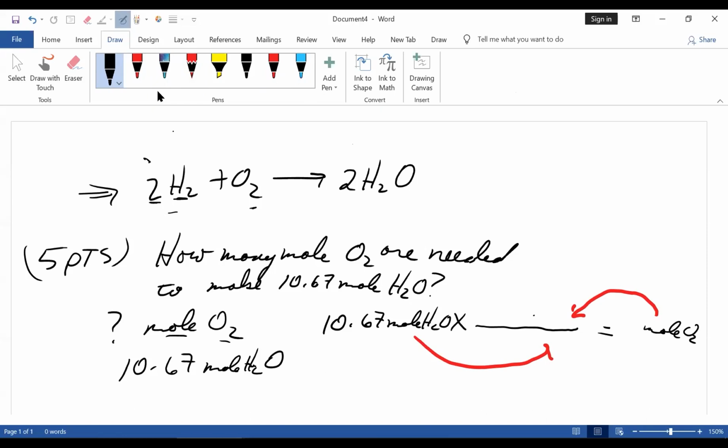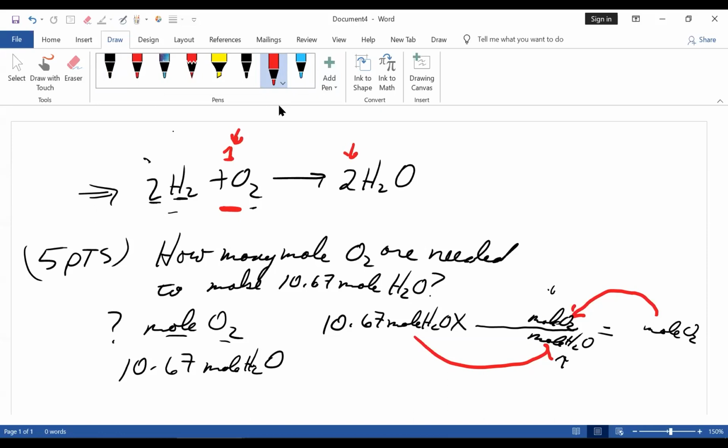And therefore, I have on top moles oxygen. I have here moles of water. Where do I get those numbers? Well, the balanced chemical equation. Notice when there's no number, it's number 1. This tells us 1 mole of oxygen makes 2 moles of water.